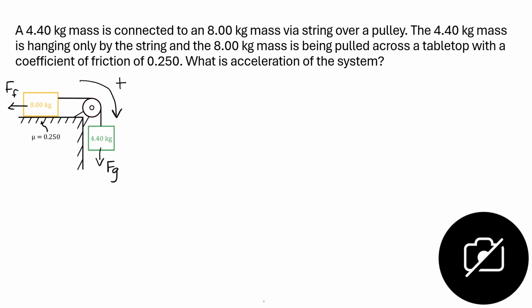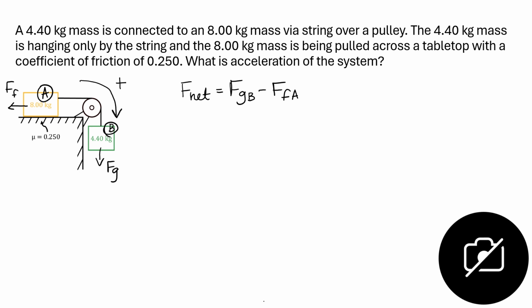We would have an F net equation that would be equal to the force of gravity acting on box B minus the force of friction acting on box A. This is very much like what we did in the lab.